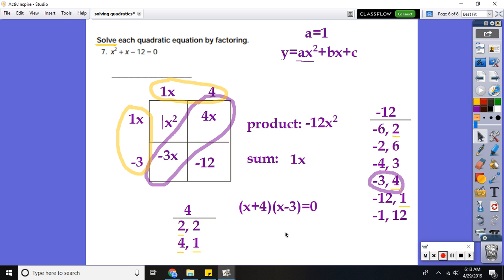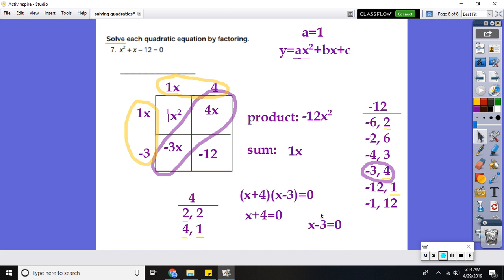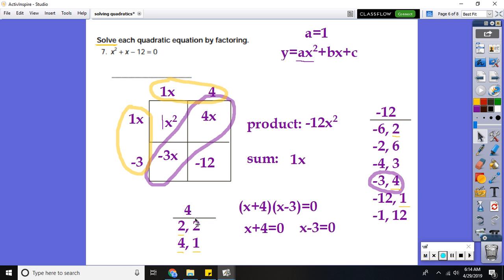Well, if just one set of parentheses, just one binomial equaled 0, the whole result, the whole product, would be 0. So I use that zero product property to separate my factors, x plus 4 and x minus 3, and I set them equal to 0 separately.